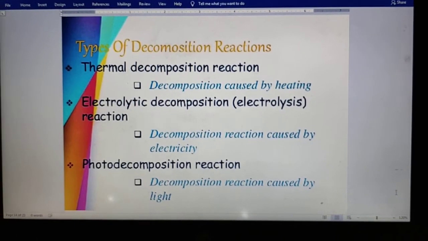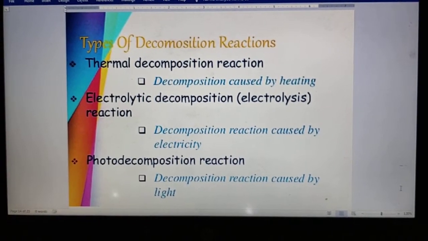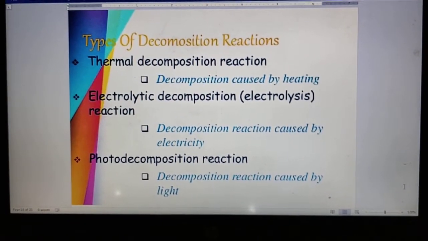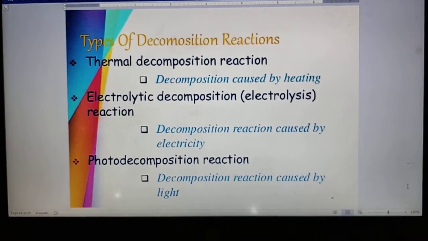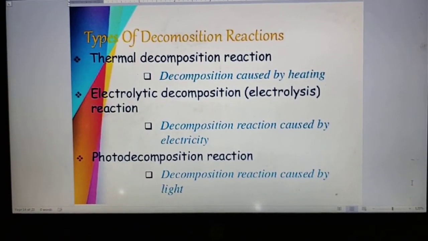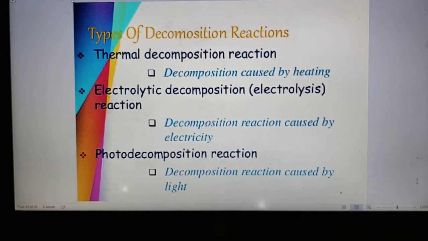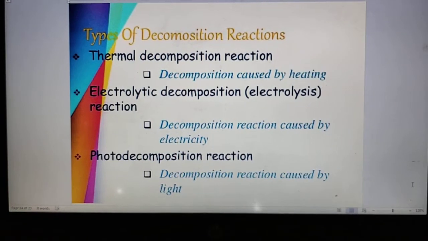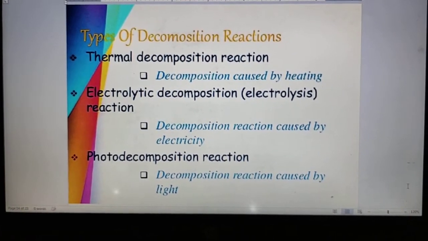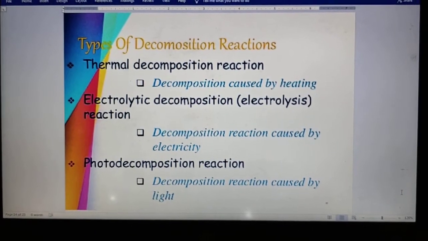Now the third one is photo decomposition reaction, a decomposition reaction caused by light. Photodecomposition or photolysis is a chemical reaction in which a chemical compound is broken down by photons. It is defined as the interaction of one or more photons with one target molecule.